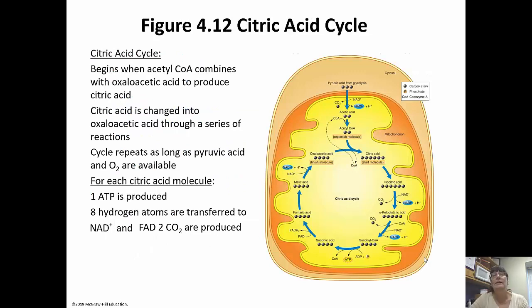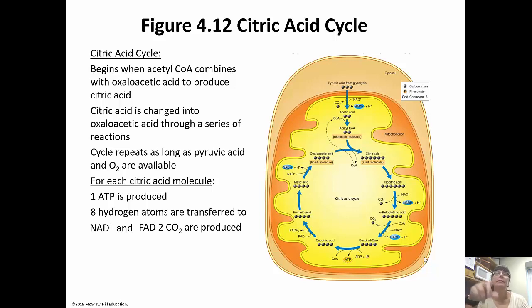So here's a summary of the citric acid cycle. For each acetyl coenzyme A, it's going to combine with oxaloacetic acid to produce citric acid, which is then going to be changed through a series of reactions, and the cycle is going to keep repeating itself as long as we have pyruvic acid and oxygen. 1 ATP is produced, and 8 hydrogen atoms are transferred to NAD+ and FAD. 2 carbon dioxide are produced as well.